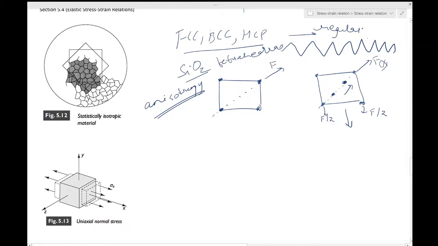In many materials, these structural elements are arranged in a random fashion and are so small that there are millions of them, sometimes billions in a cubic inch. So when you have this random arrangement of atoms which is not regular, there are lots of them in a small volume, the cubic inch given in your textbook.